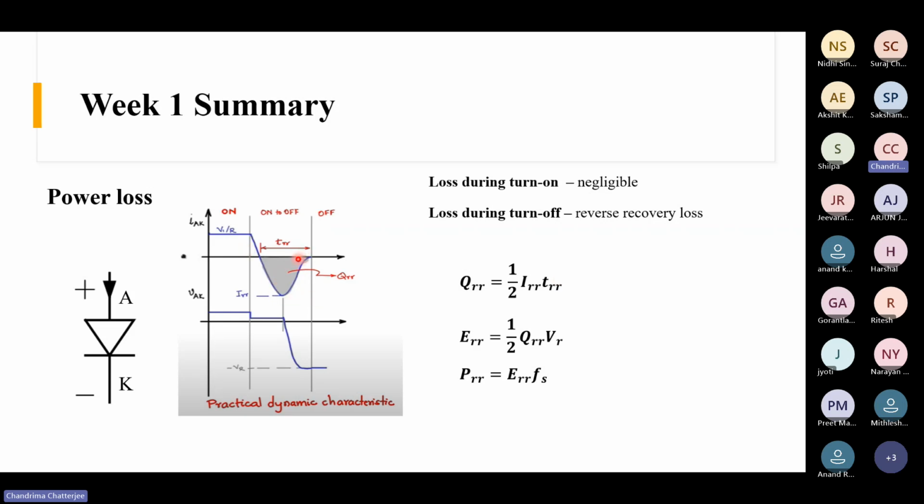The peak value is IRR, so the height is IRR and the base is TRR, what we call the reverse recovery time. So the charge will be half IRR TRR.